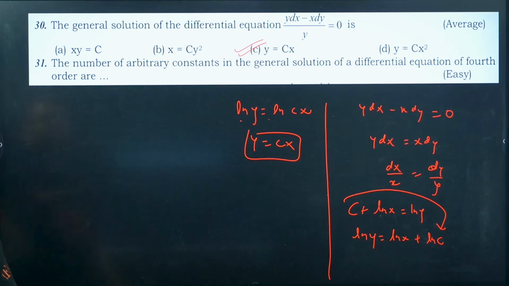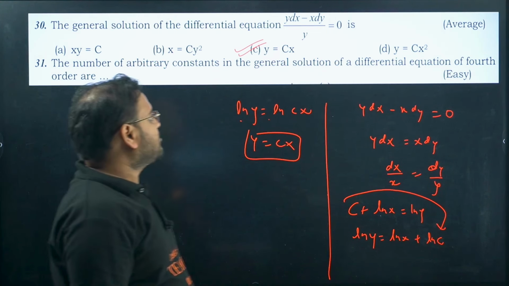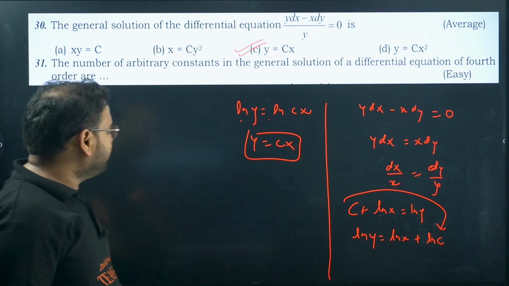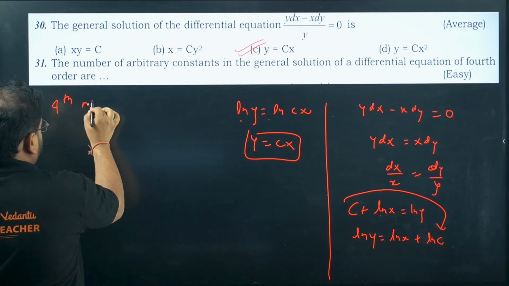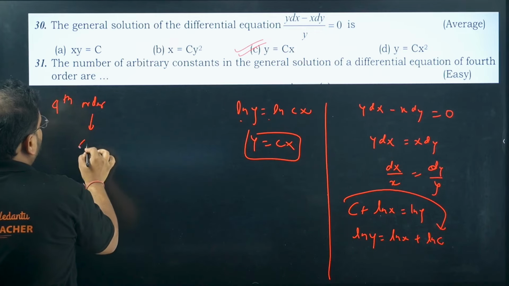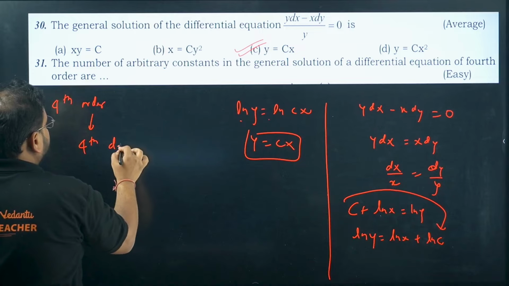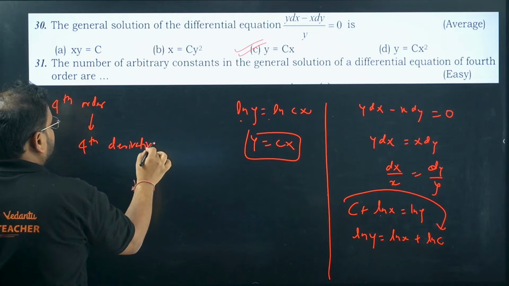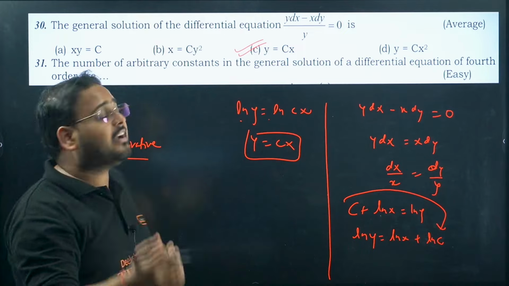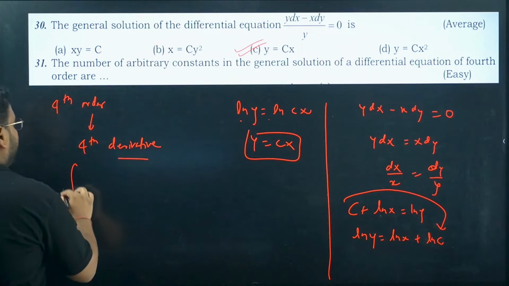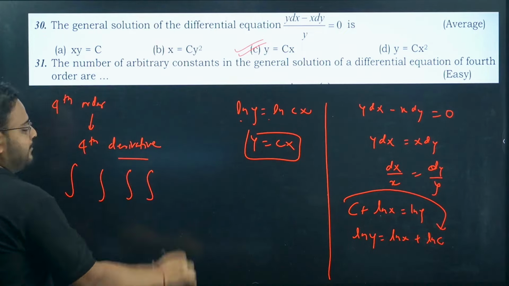Next. The number of arbitrary constants in the general solution of a differential equation of fourth order. Fourth order means, what does fourth order mean? Fourth order implies fourth derivative. And when you solve a differential equation, what happens? You have to integrate it. How many times? You have to integrate it 1, 2, 3, 4 times.